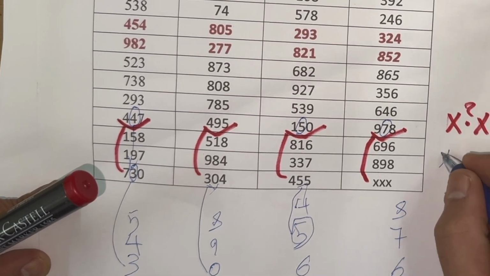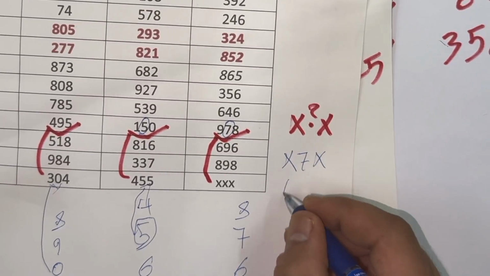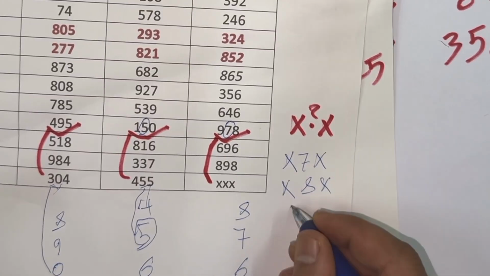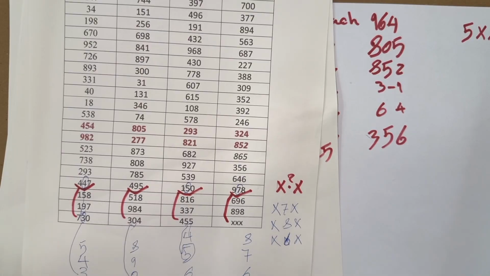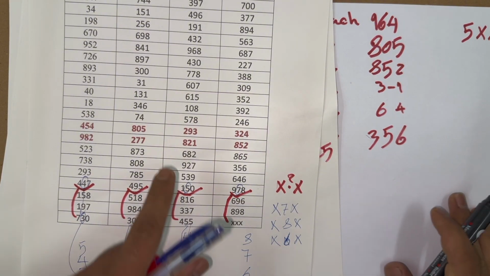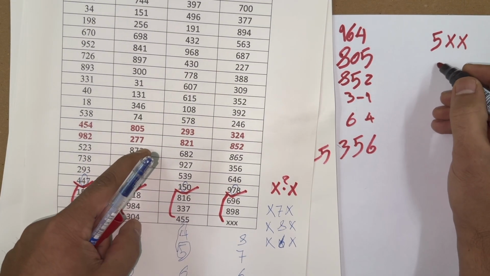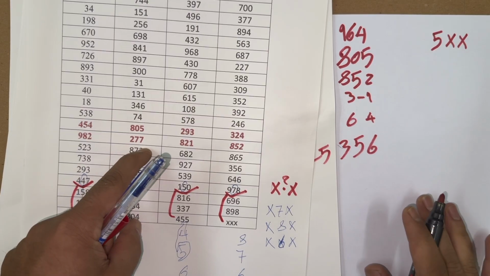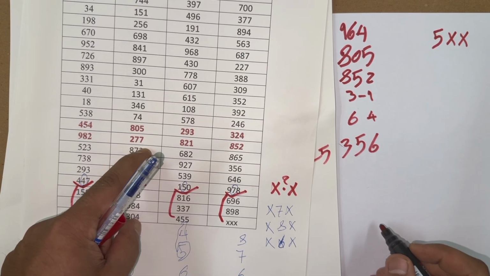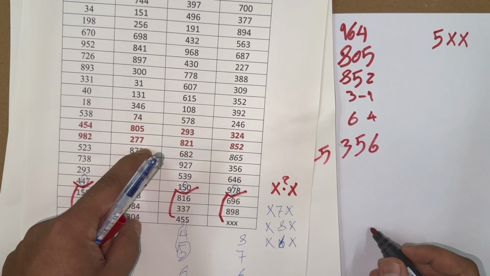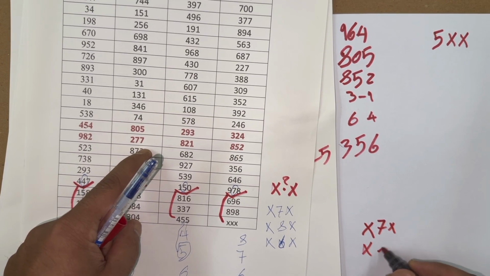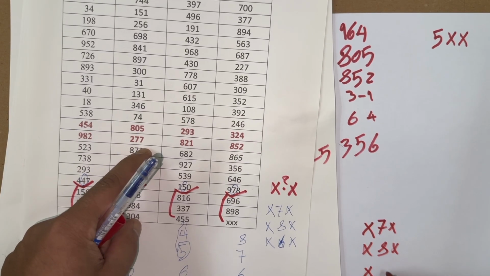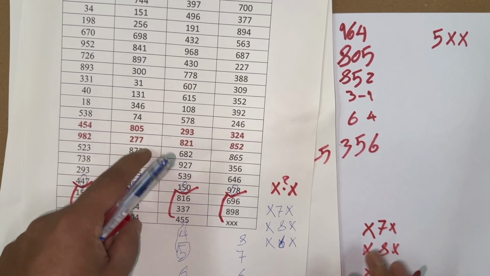So here we have 7, 8 and 6. So let's write it down here. We have x 7, x 8, and x 6 for the middle digit.